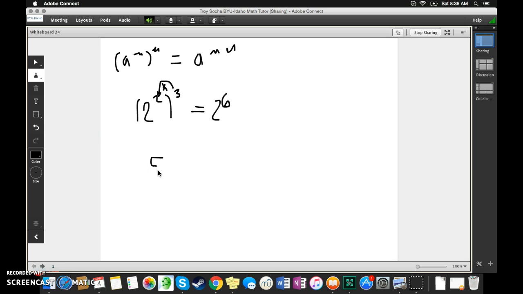If we have 5x squared and we want to square that, this is the same as saying 5x squared times 5x squared.